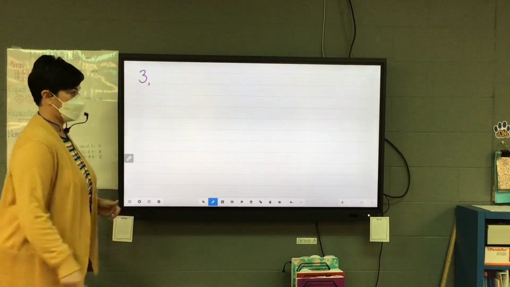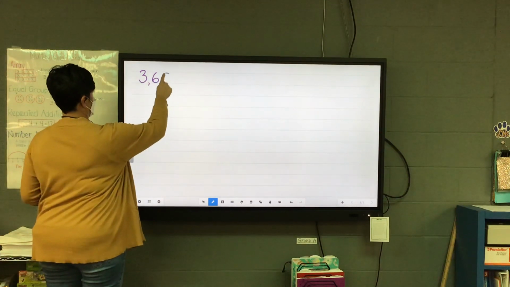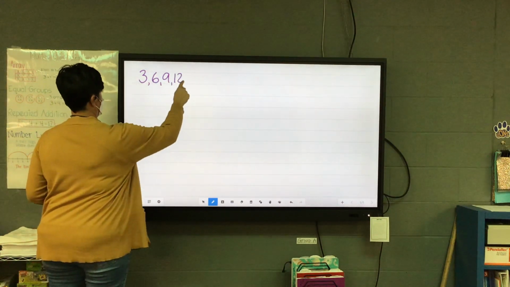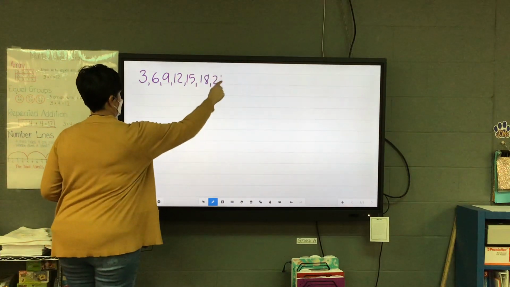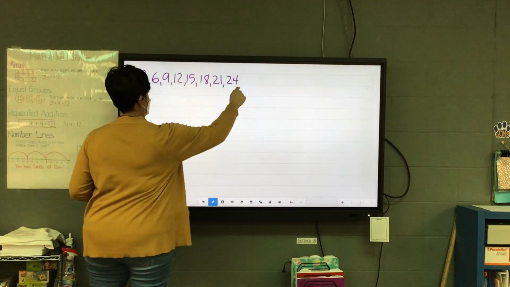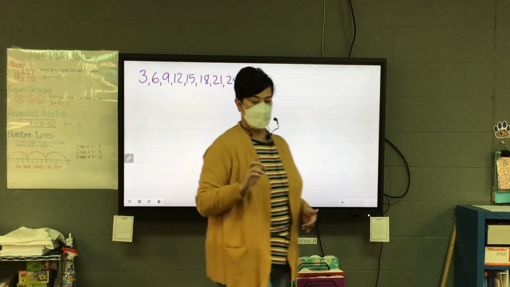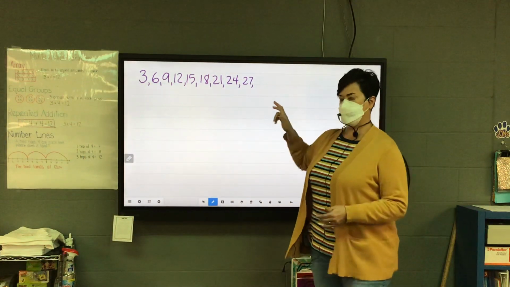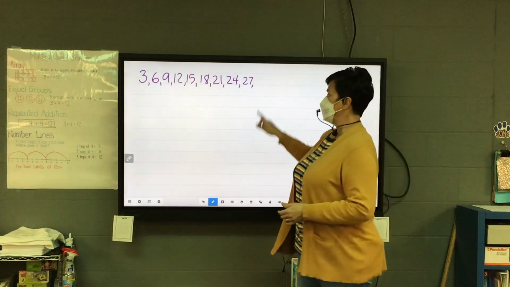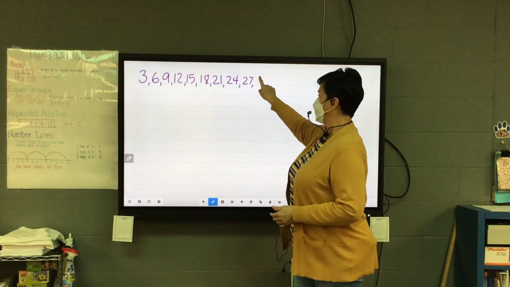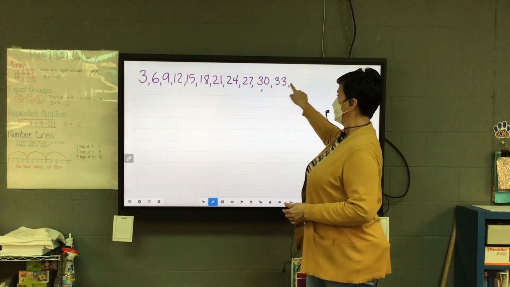Okay, let's skip count together. 3, 6, 9, 12, 15, 18, 21, 24, 27, 30. Hold on. Double check. Are you correct so far? Because some of you aren't skip counting with us, so I'm just making sure. What's after 27? 30, 33, then 36.